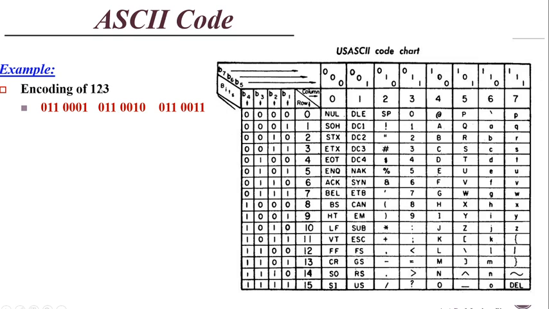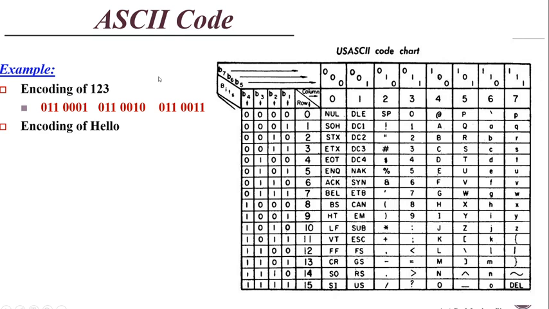For 2, again column 0, 1, 1 and row 0, 0, 1, 0. Similarly for 3, column 0, 1, 1 and row 0, 0, 1, 1. In this way we can represent the ASCII equivalent of these numbers.